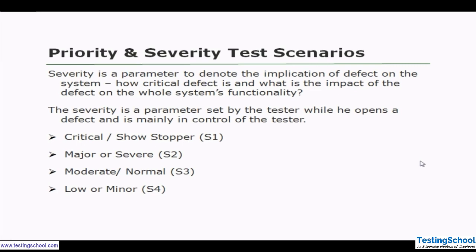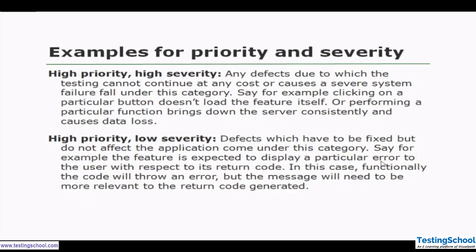Let's see different examples of priority and severity. Let's take an example of high priority and high severity. Any defect by which testing cannot be performed or cannot continue comes under high priority and high severity, because you have to fix it, and only then will testing continue.